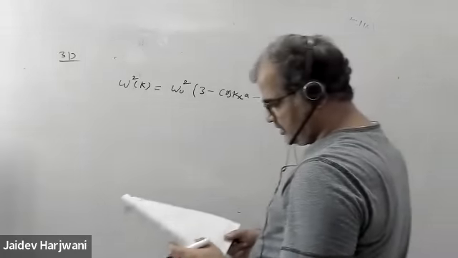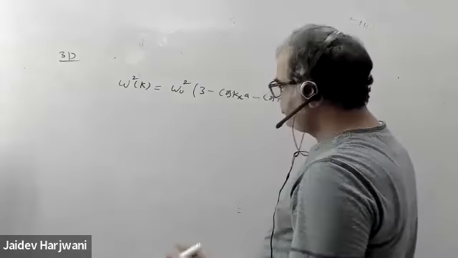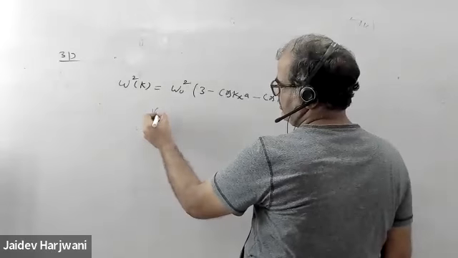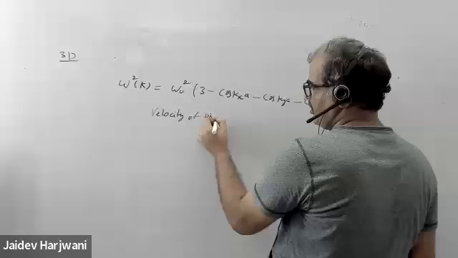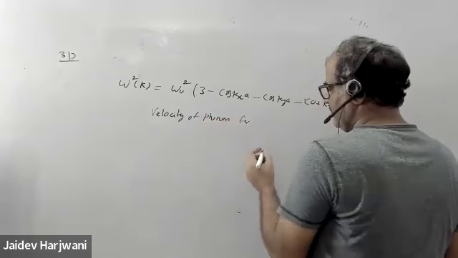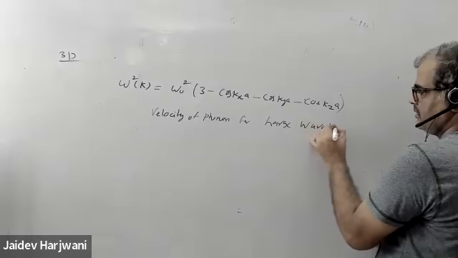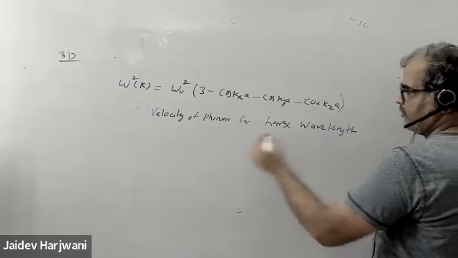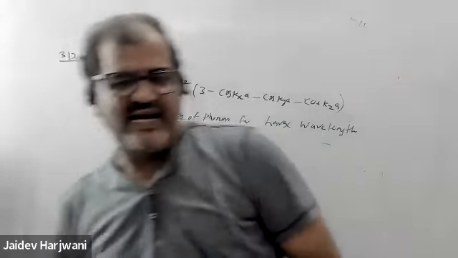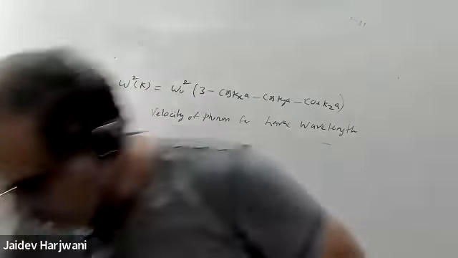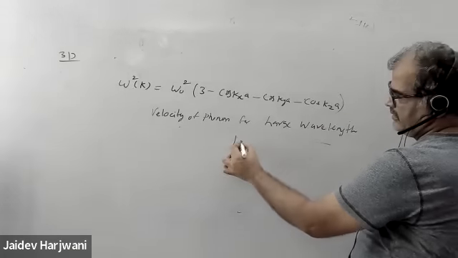Okay, so you're asking the velocity of phonon for large wavelength. Okay, calculate the velocity of phonon for large wavelength. What do you mean by large wavelength? k will be very small, so we can expand the cos k_x a.